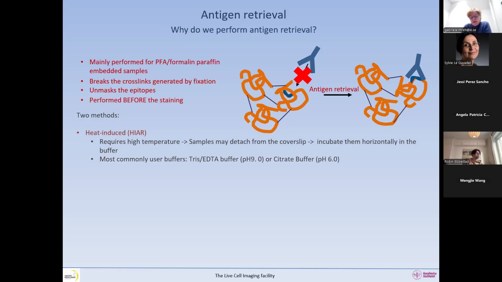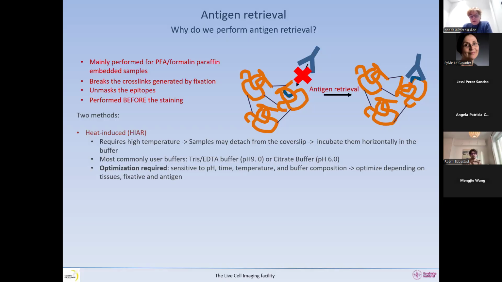There are different buffers. The most common are Tris-EDTA and citrate buffer, and with different pHs. I say different pH because even within these buffers, you should adjust the pH that works best for your sample and your antibody. And I will show an example later.